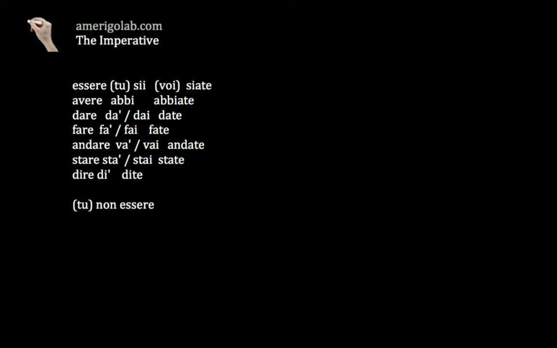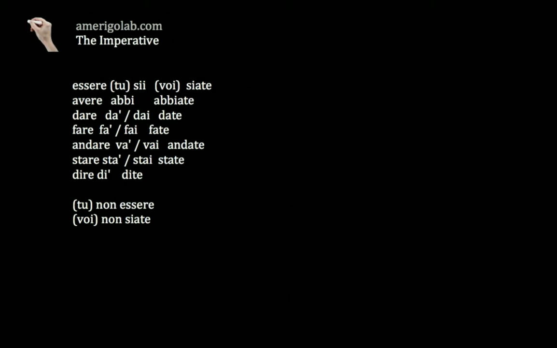Don't be, when you talk to one person. Now you talk to more than one person, so you must use the form of voi, and the negative is non plus the imperative form. So in this case, non siate. Same thing happens with all the others.